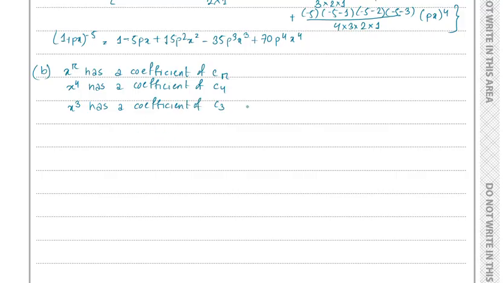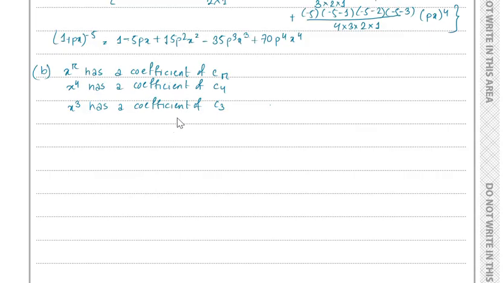So what is a coefficient? A coefficient is a constant that is multiplied with the variable. C3 is the coefficient that is multiplied with the variable, which is x to the power 3.